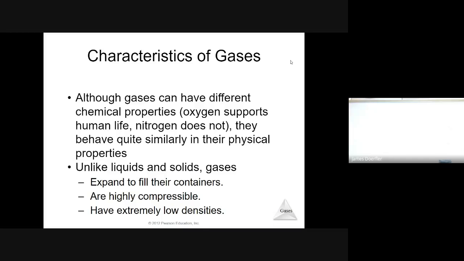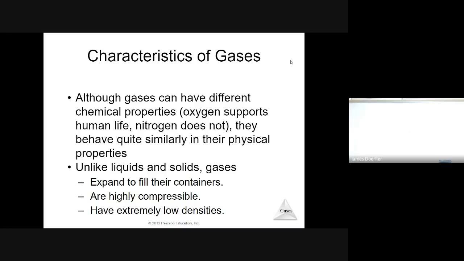Now, what's interesting about that is the atmosphere. Does anybody know what the atmospheric makeup is of gases? The atmosphere is made up of about 78% nitrogen and only 21% oxygen, and the remaining percent is just a hodgepodge of various gases. And so, even though the atmosphere is made up of 3/4 of a gas that we cannot utilize personally, we're still able to utilize oxygen to help sustain us.